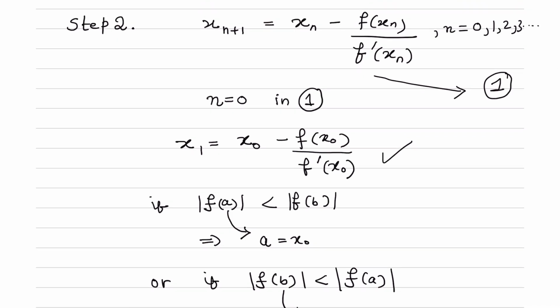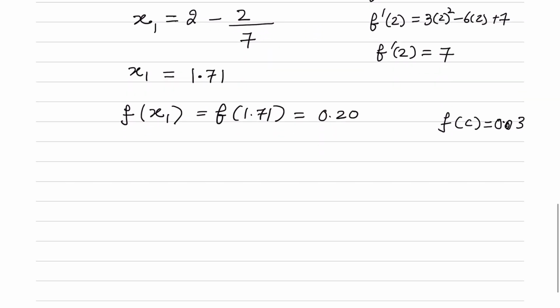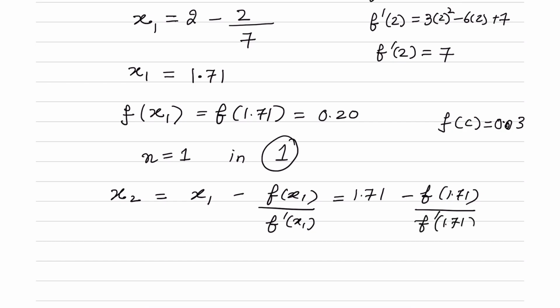Now we are going to put n equal to 1 in the formula. When we do that, we get x2 equal to x1 minus f of x1 over f dash x1. x1 here is 1.71 minus f of 1.71 divided by f dash 1.71.